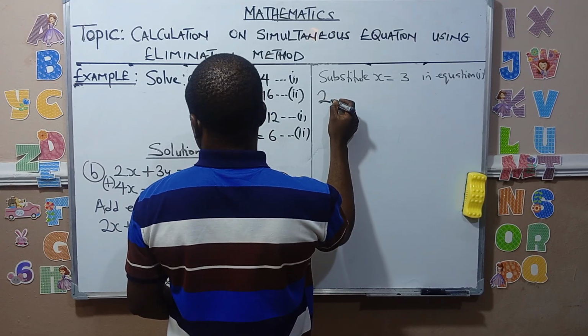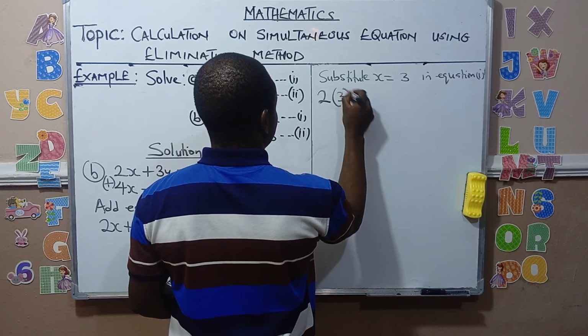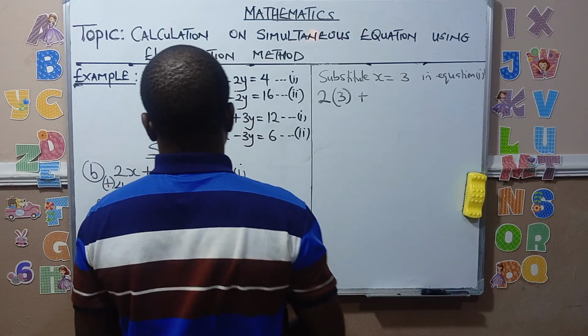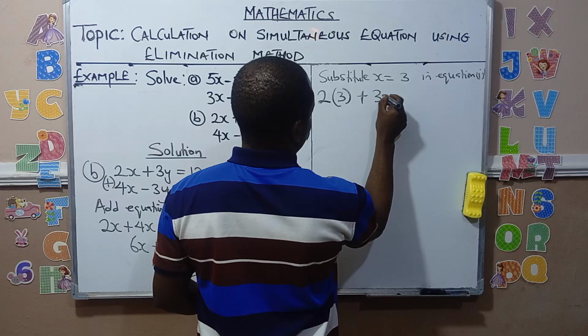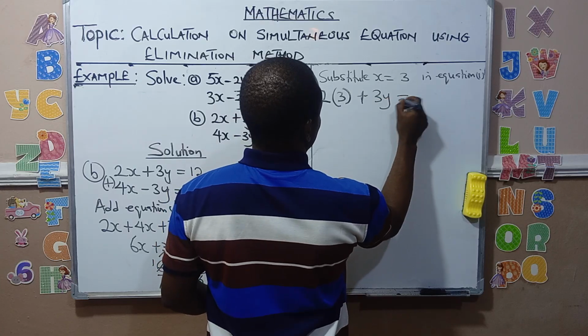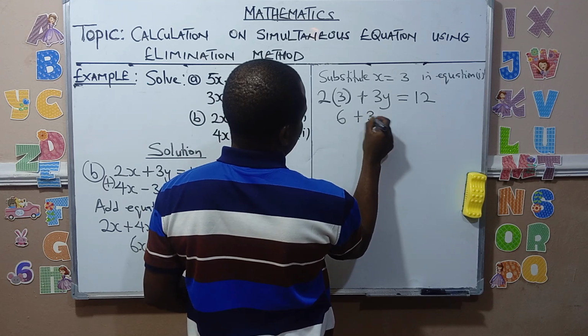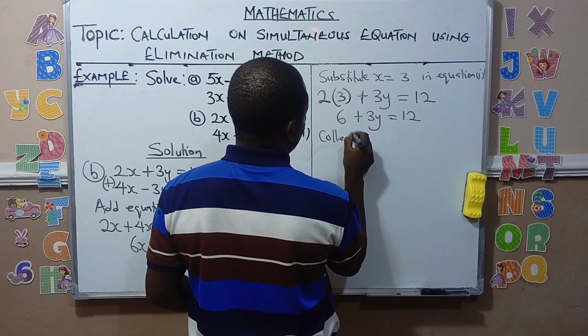Anywhere you see x, you put the value there. 2 into 3 plus 3y equals 12. 2 times 3, that's 6, plus 3y equals 12. Collect the like terms.